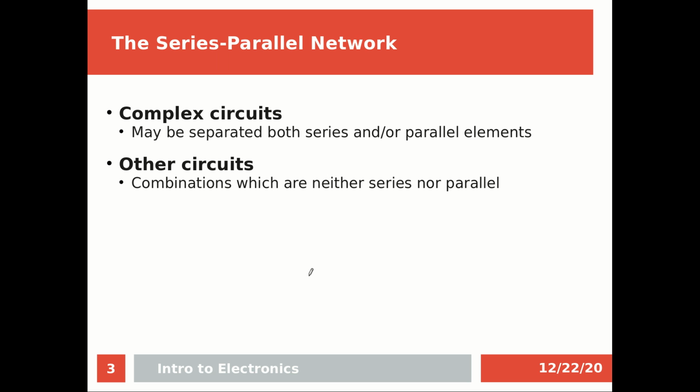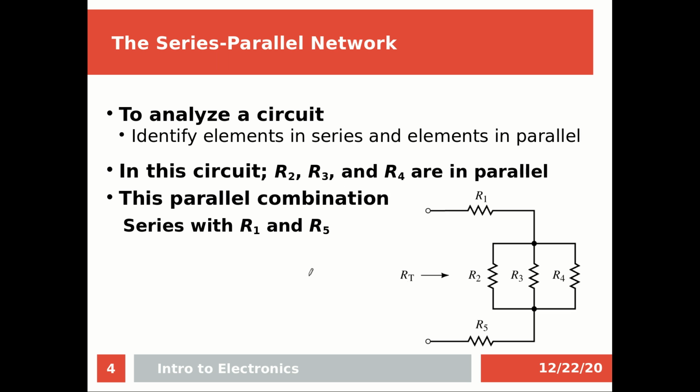Now, complex circuits may have both series and parallel elements, a combination of both. To analyze a circuit that has series and parallel elements, we use the same analogy that we used in series circuits and parallel circuits.